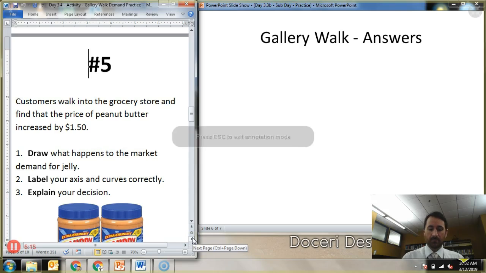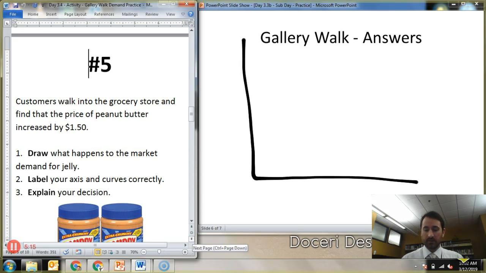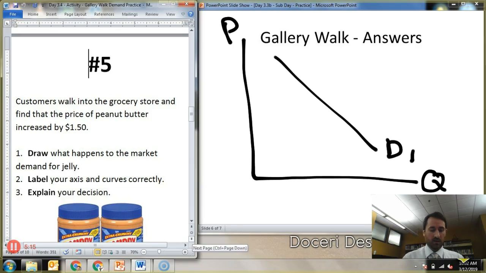Number 5, here we're looking at peanut butter and jelly. And we have peanut butter increases by $1.50 and the impact on the demand for jelly. So don't be thrown off by this $1.50 price change, right? That doesn't matter in this particular instance because we have two products.